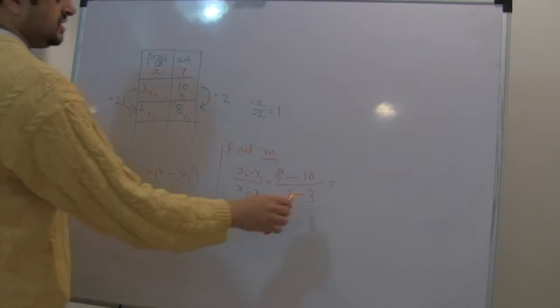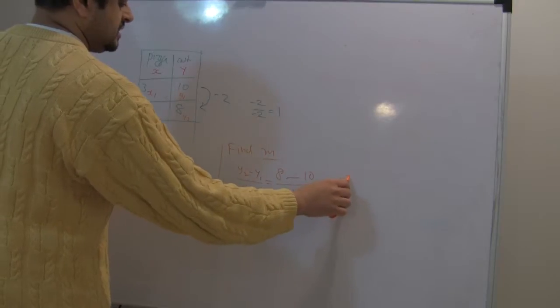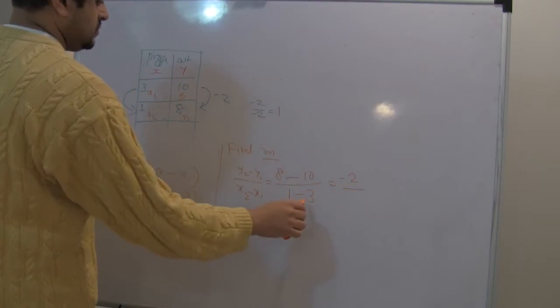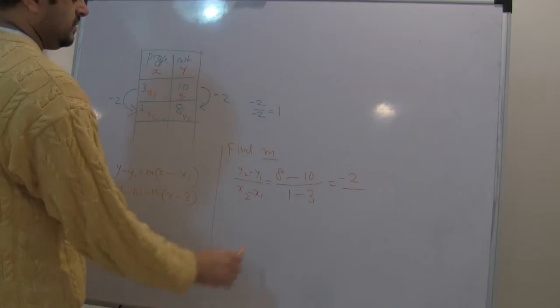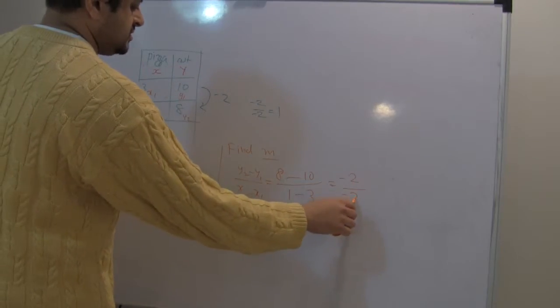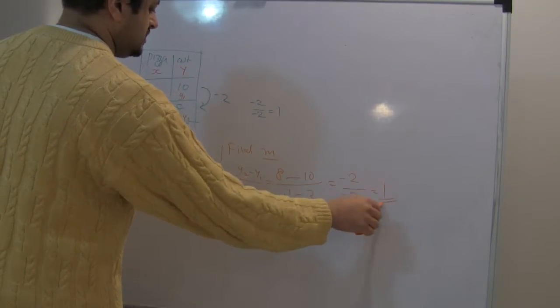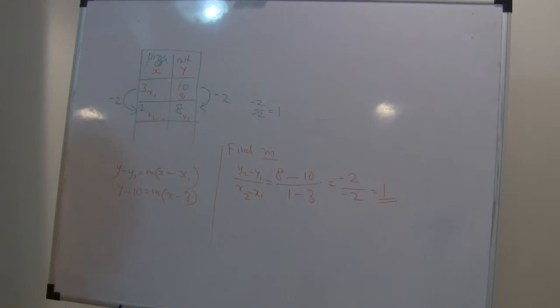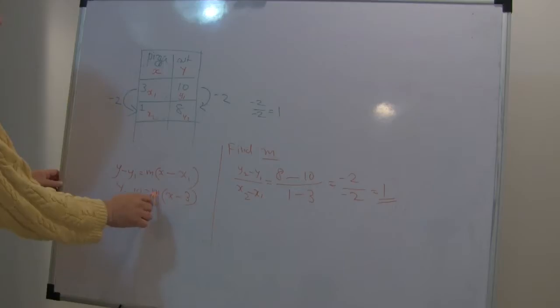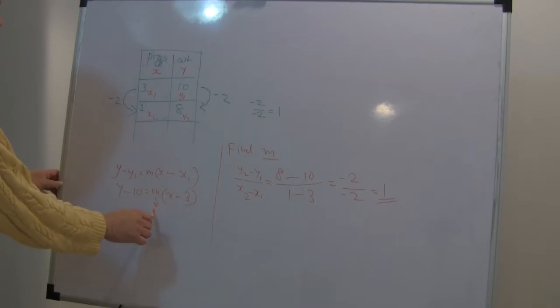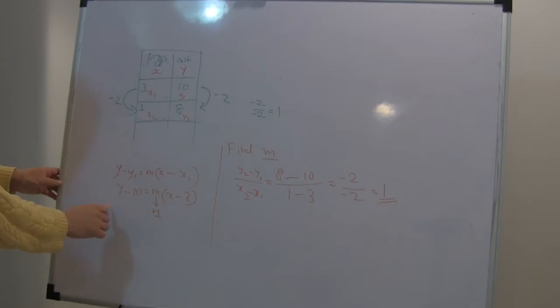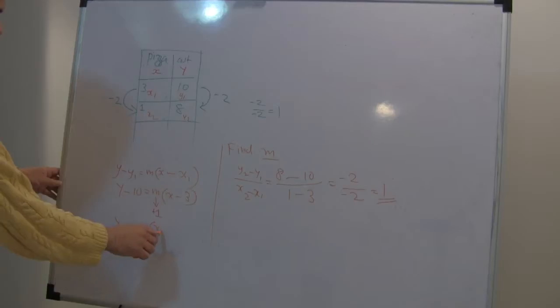So 8 minus 10 is negative 2, and 1 minus 3 is negative 2. So the slope is 1. Now we can write this equation as y minus 10 equals 1 times x minus 3.